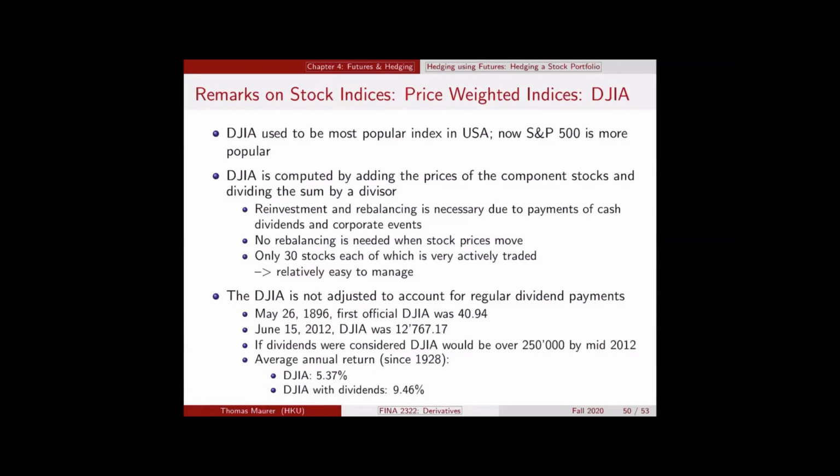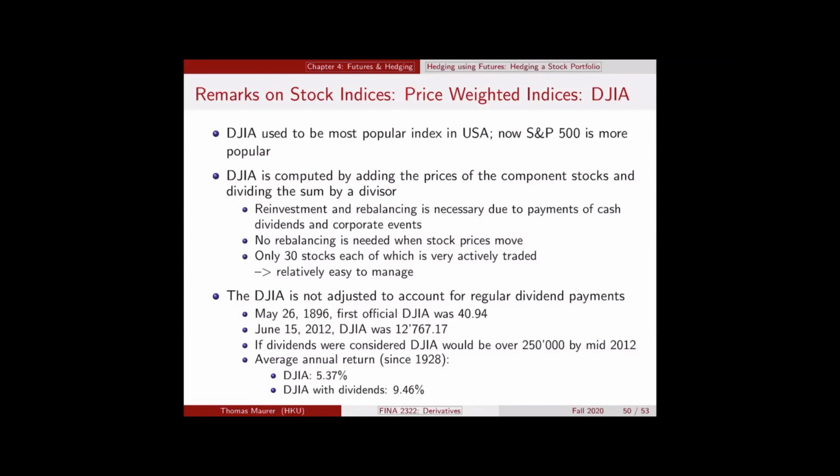If you look at the change in the Dow Jones Index since its inception in 1896, it was at almost 41 index points, and until mid-2012, it has grown to almost 13,000 index points. However, if you reinvested all the dividends, then the Dow Jones Industrial Average would have grown to over 250,000 index points by mid-2012.